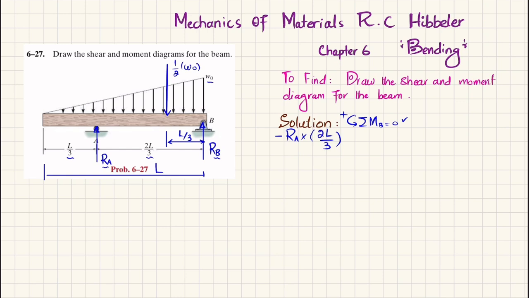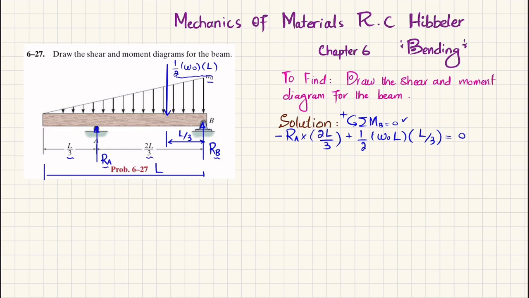The second moment is produced due to this load, and the perpendicular distance is L by 3. Clear? And this is producing counterclockwise moment, so it will be positive. Here I have L as well because it is acting over length L. So plus 1/2 W0 into L, and the perpendicular distance L by 3 is equal to 0.